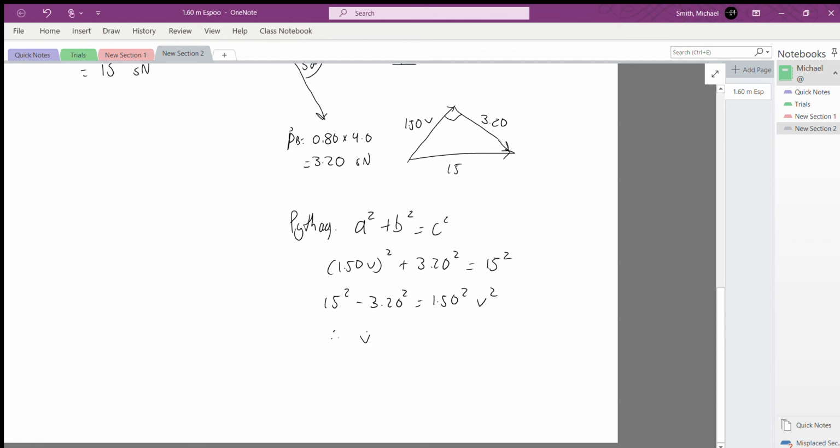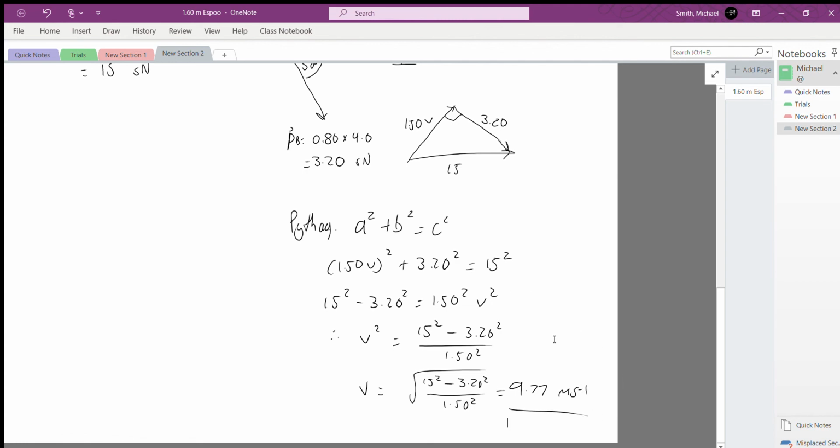Therefore, v squared will be 15 squared minus 3.2 squared, all on 1.5 squared, and finally v will just be the square root of all of that. So the algebra is a little bit tricky for this question, but not impossibly tricky, and if we substitute that into our calculators, we should get 9.77 meters per second.